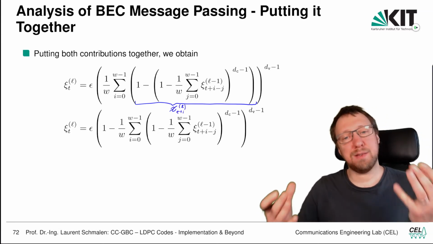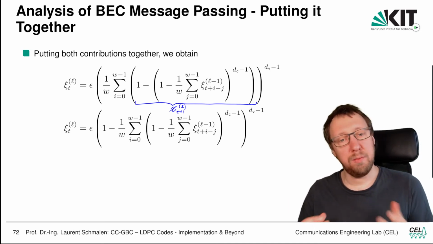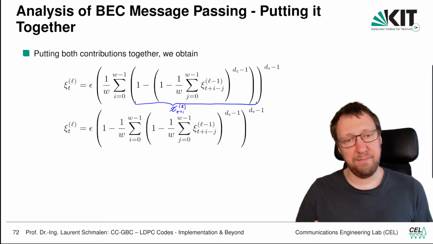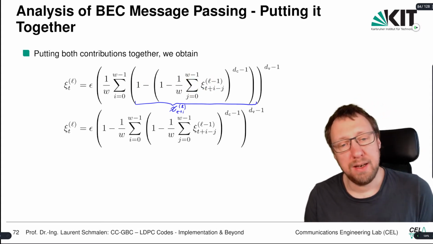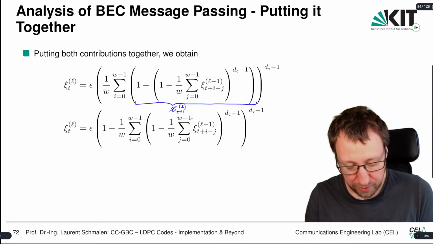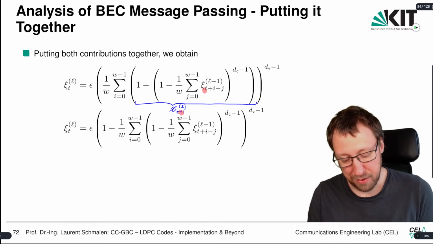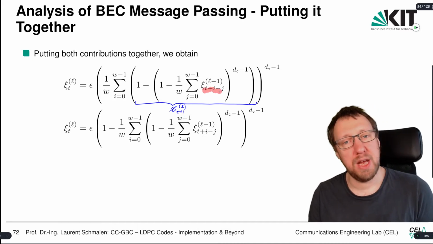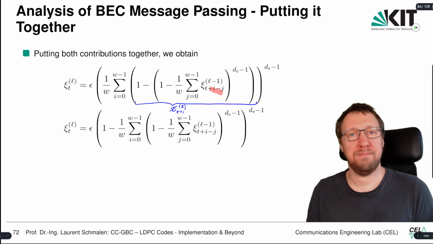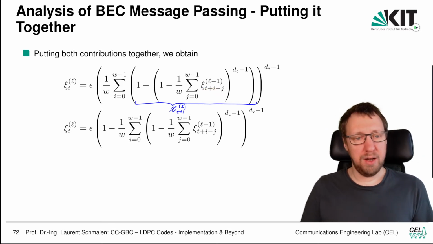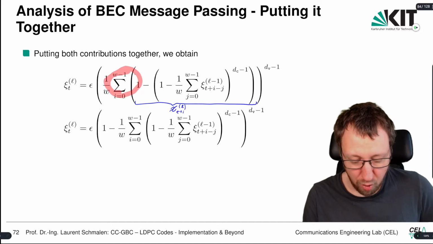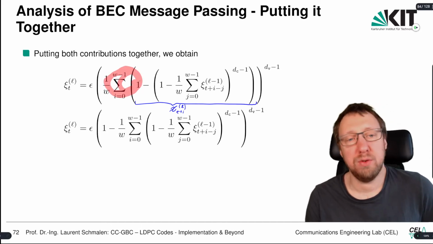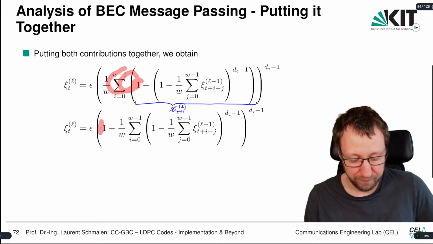And then we insert the expression for χ, which again depends on ξ. And this is 1 minus the summation ξ_{t-j}. But now we need to insert t plus i, so it's ξ of t plus i minus j to the power dc minus 1. And then we can simplify this a little bit. The sum over 1 is equal to w, divided by w is equal to 1.